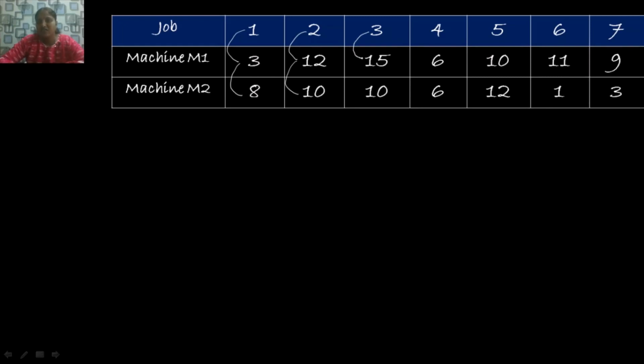Job 3 needs 15 hours on M1 and 10 hours on M2. Job 4 needs 6 hours on M1 and 6 hours on M2. Job 5 needs 10 hours on M1 and 12 hours on M2. Job 6 needs 11 hours on M1 and 1 hour on M2. Job 7 needs 9 hours on M1 and 3 hours on M2.